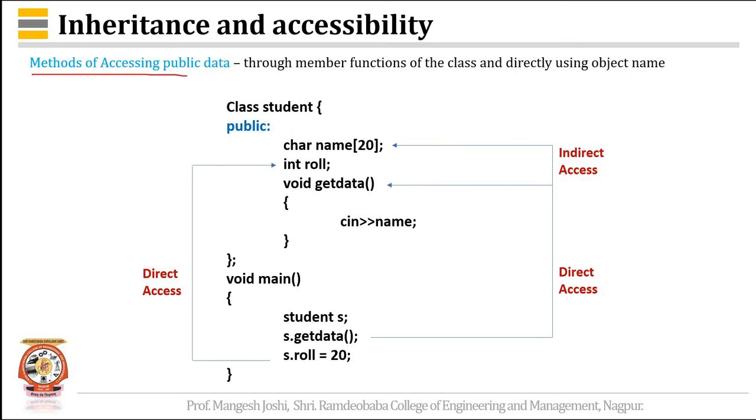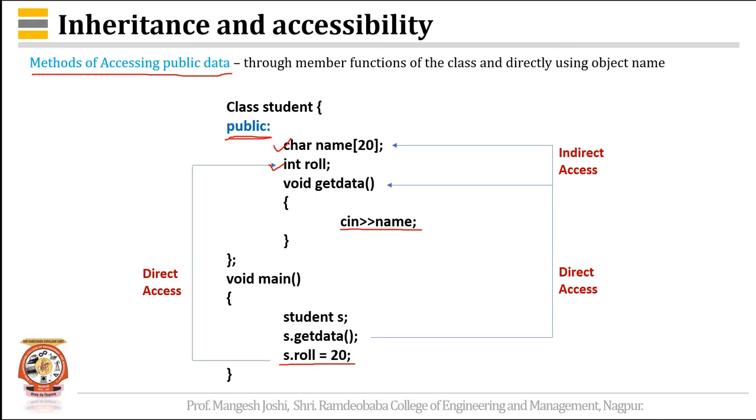Now methods of accessing the public data. In the same example we have taken, what is the change? I am only obtaining the name in the get data function, and I'm assigning the roll number from the main function. Since the character name and integer roll number are in the public section, now they can be accessed by the functions inside the class as well as from outside the class.